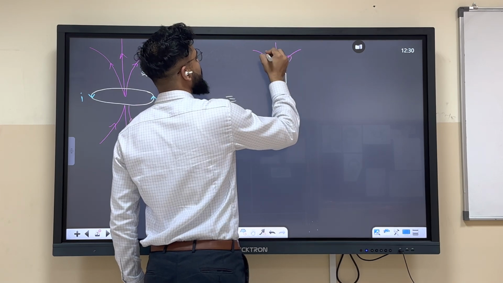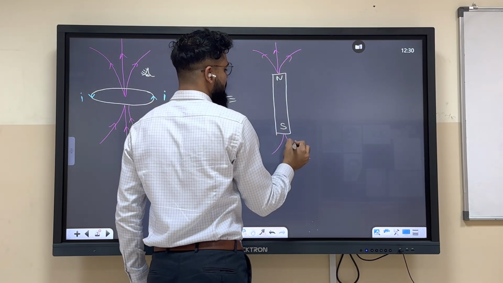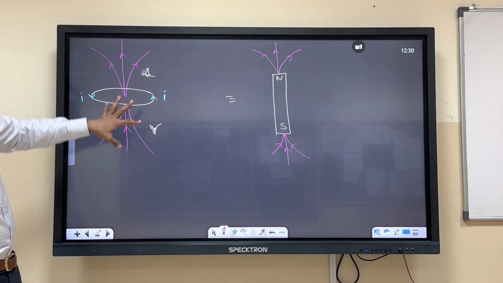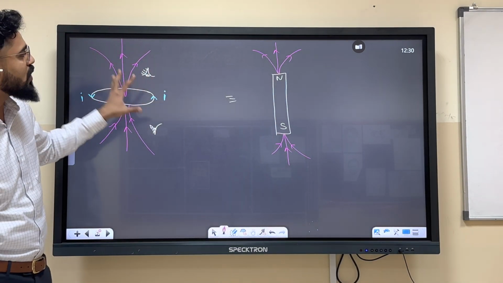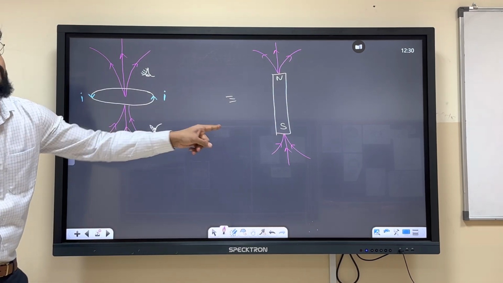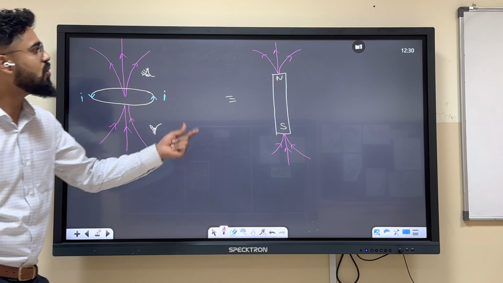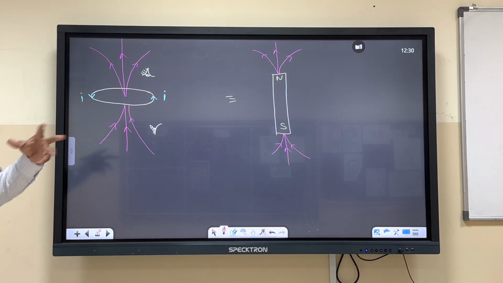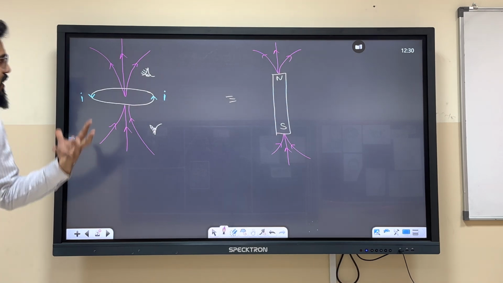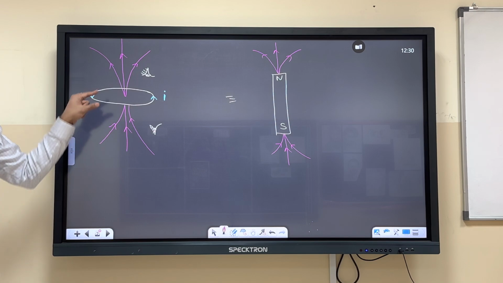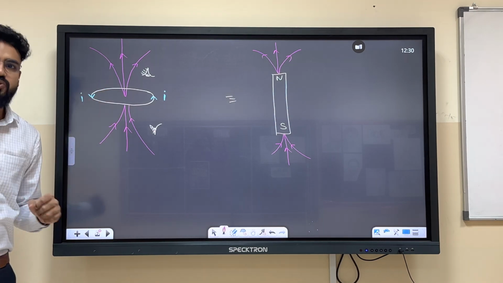I am not saying it is exactly a bar magnet, but analogically it is behaving as a magnet. So it should have some magnetic moment, pole strength into distance. But we do not have any pole strength over here, or a distance between the two poles, as you will say it is 0. So how can we define it?